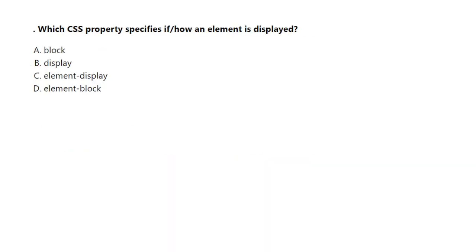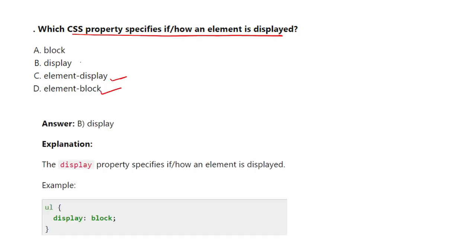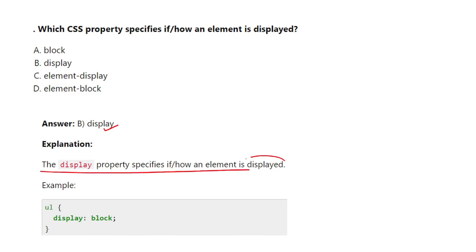Next question: which CSS property specifies how an element is displayed? The options are block display, element display, or element block. The correct answer is display. Many students get confused here and select the option element display. That is not the correct answer at all. The display property specifies how an element is displayed, for example display block.